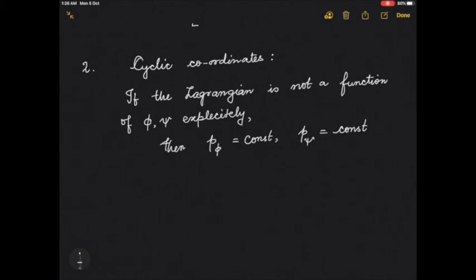And if that is true, then we can define a reduced Lagrangian. This is using Routh's prescription, if you remember.